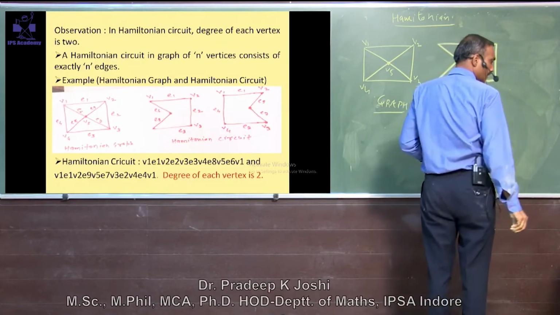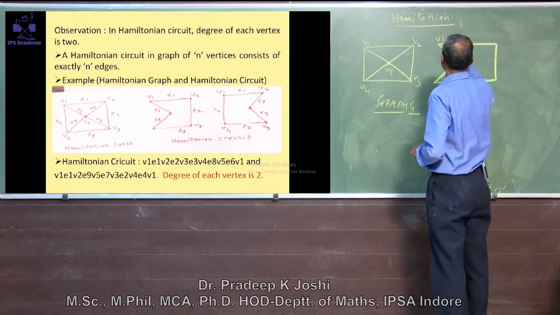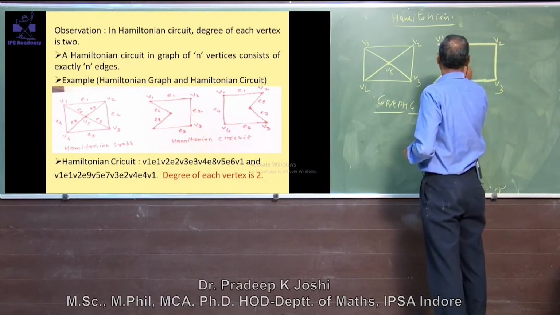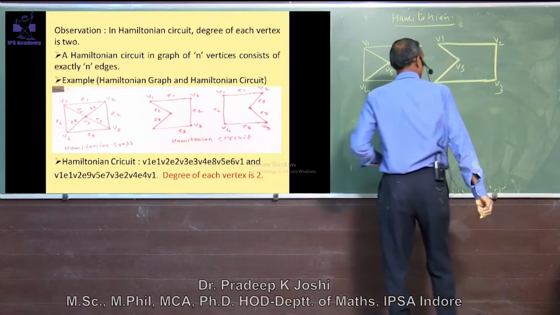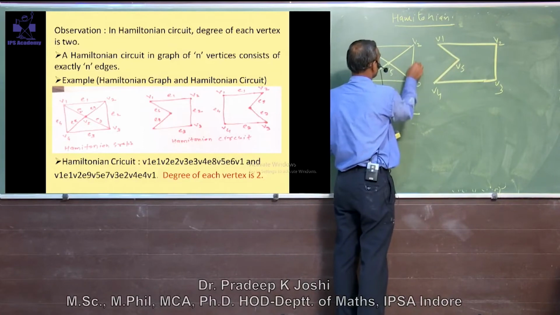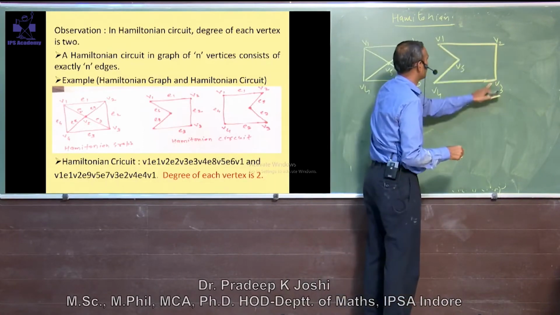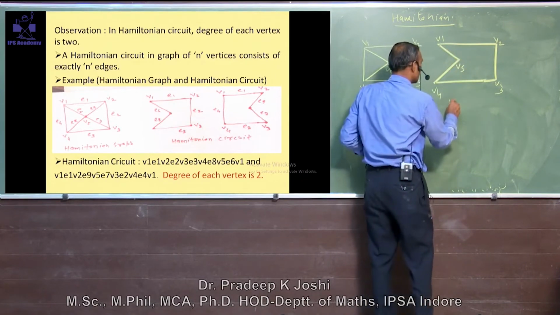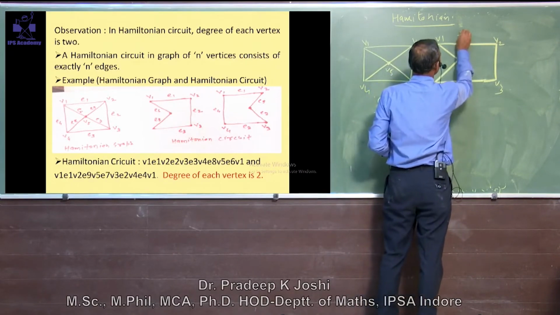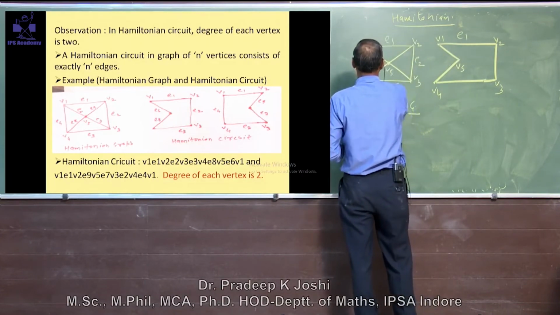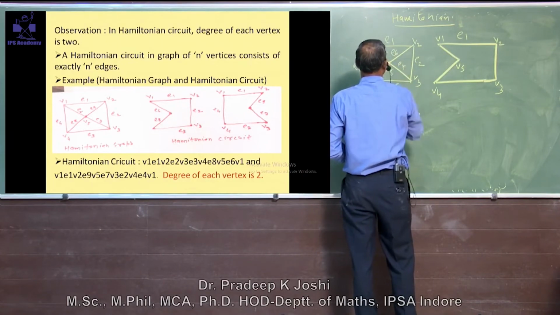So this is the graph, with V1, V2, V3, V4 and V5. We are visiting all the vertices, 1, 2, 3, 4, 5, so this contains a Hamiltonian circuit. Suppose this is E1, this is E2, this is E3, this is E4, this is E5, this is E6, this is E7, this is E8.